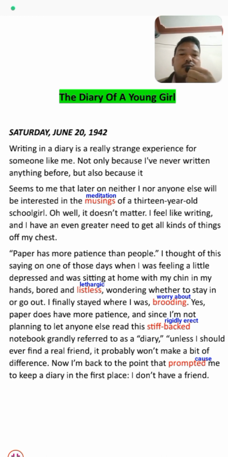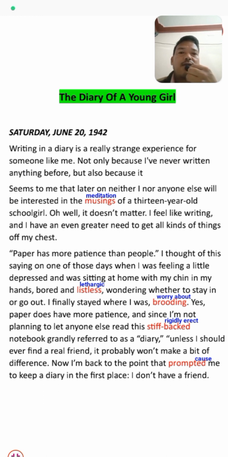Oh well, it doesn't matter. I feel like writing, and I have an even greater need to get all kind of things off my chest. Students, she was a young 13-year-old girl and a schoolgirl, and she says that it doesn't matter, and I feel like writing, and I have an even greater need to get all the things off my chest.